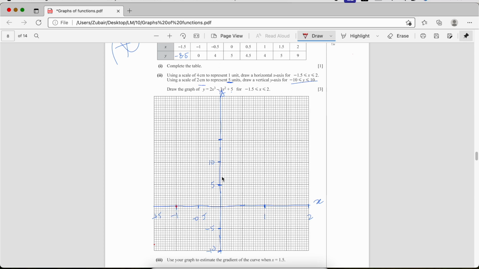At negative 0.5, this is 4. At 0, we have 5. At 0.5, we have 4.5, that's 4. So this is 4.5. At 1, we have 4. At 1.5, this is 5. Going back up again. At 2, this is 9. That's 10. So 2 boxes below. Done with the points. I'm going to zoom in.